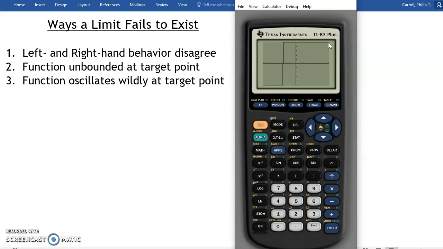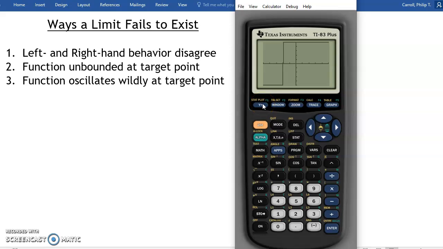So that limit does not exist at negative 2 because our left and right hand limits, as we've said before, imagining our little bug walking along here, he's getting close to what looks like 5. Over here, another bug would be getting close to negative 5. They're not coming to the same place. All right, so that's the left and right hand limits disagreeing, or behaviors, whatever you want to call it.